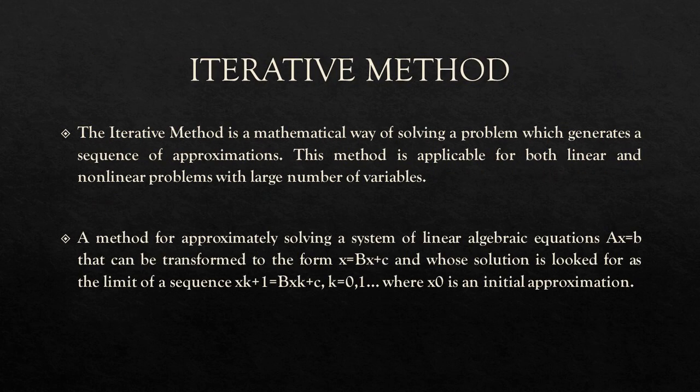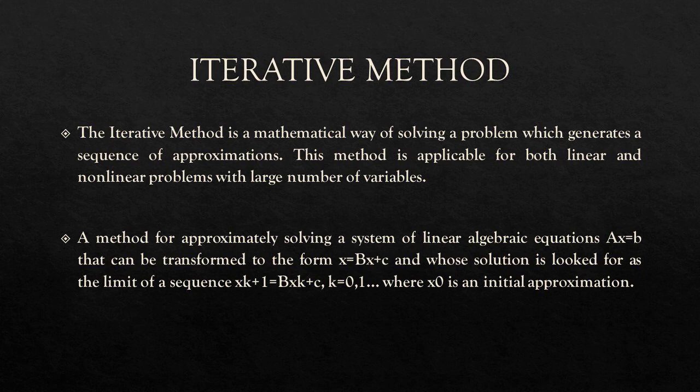Next, we have iterative methods. Iterative methods are mathematical ways of solving problems which generate a sequence of approximations. These methods are applicable for both linear and nonlinear problems with a large number of variables.